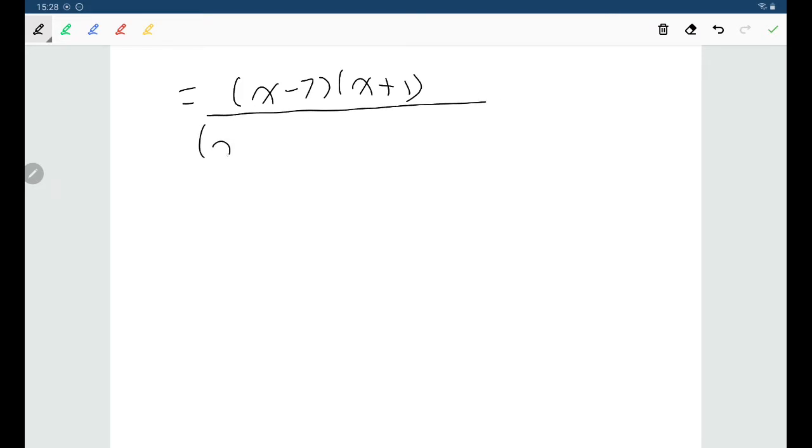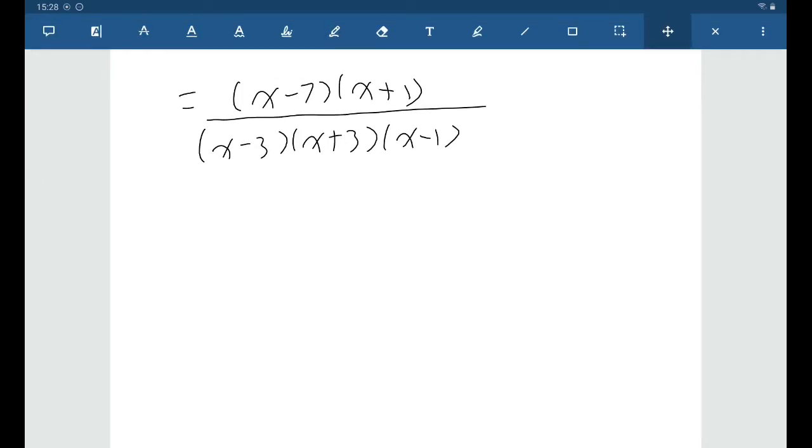And the denominator, we had x minus 3, x plus 3, and x minus 1. Now at this point I can feel confident because I've got my numerator and denominator both factored, I can see that there are no factors in common for both top and bottom, that in fact this is as simplified as it's going to get, so that would be my final answer.